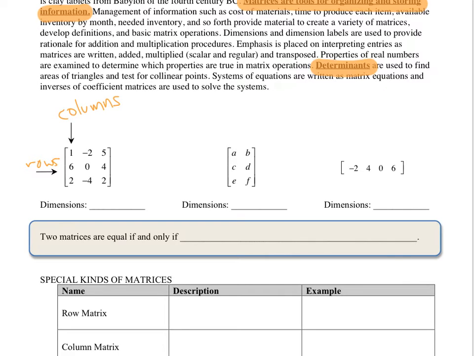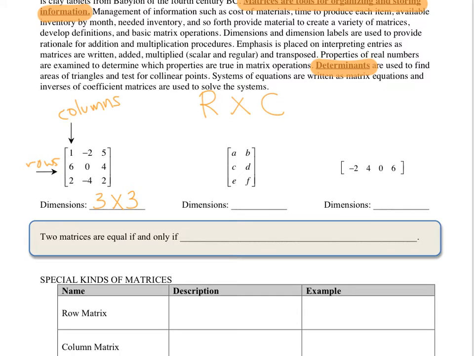So the way that we write the dimensions are your rows by the columns. So how many rows we have is the first number, and columns is the second one. So in this first example, over here on the left, there are 3 rows in this matrix and 3 columns, 3 vertical. So this would be what we call a 3 by 3 matrix.